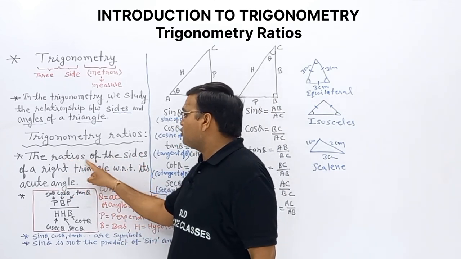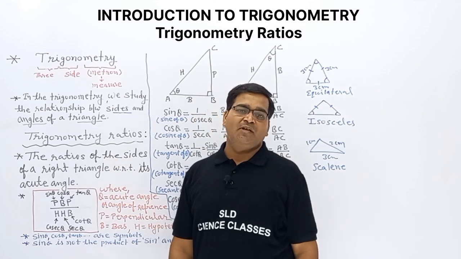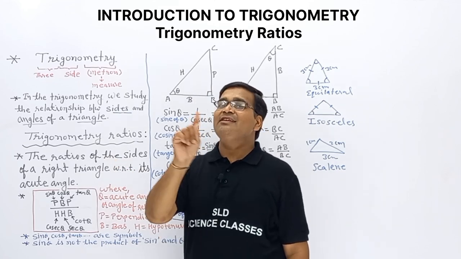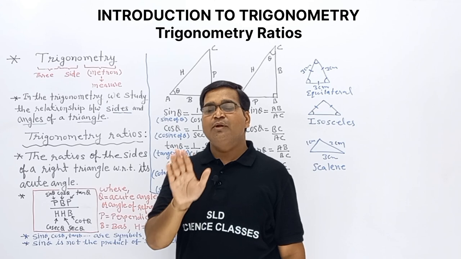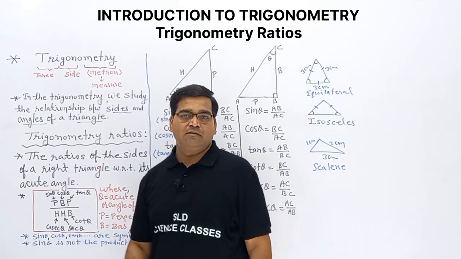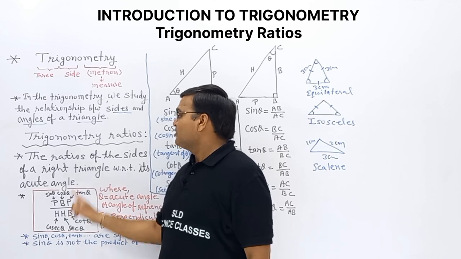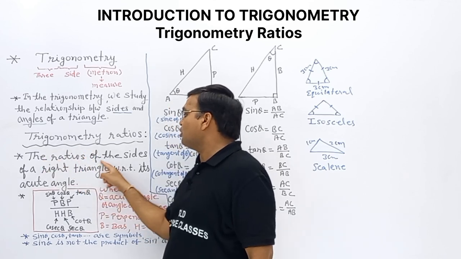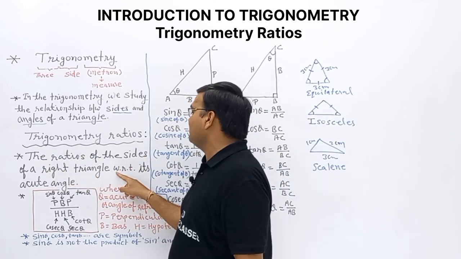Ratio means the ratio of two numbers, A is to B. Ratio is division, or quotient. So ratio is division.